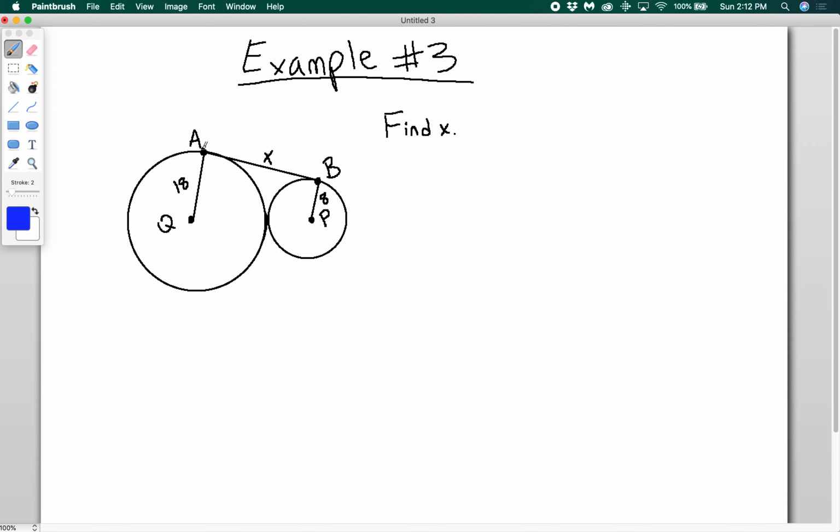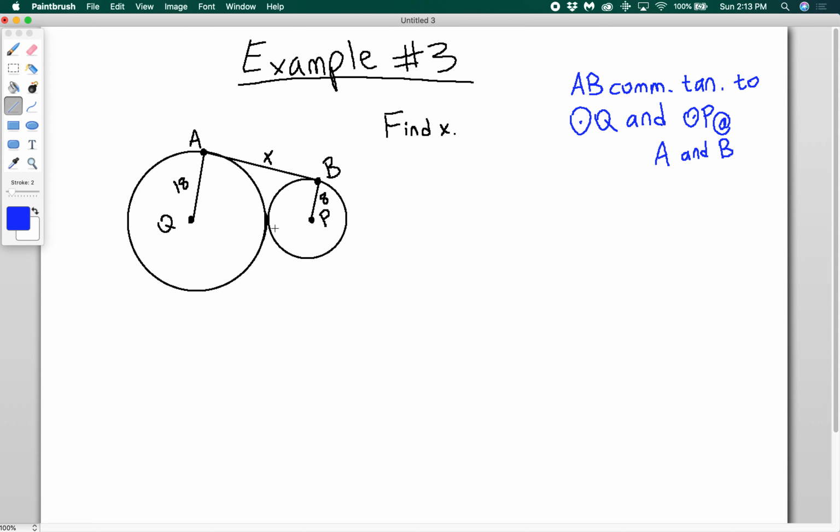I have that this line is a common tangent to both circle Q and circle P at the points A and B. Okay, so we'll say AB is common tangent to Q and P at A and B. So how can I find x in this case? There's actually a whole method here. The easy way to summarize this is make rectangles and triangles. And once you do that, it becomes a lot easier to solve.